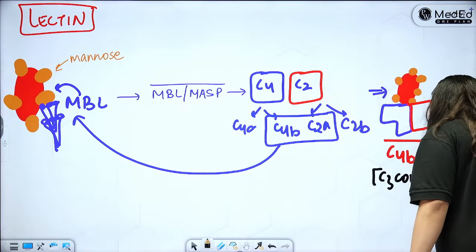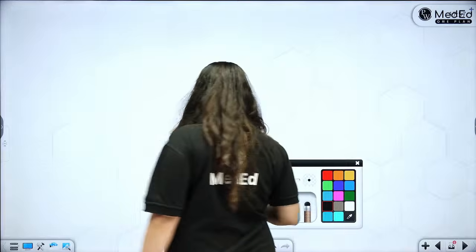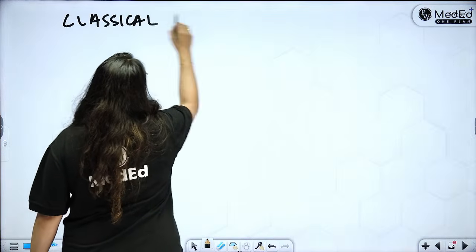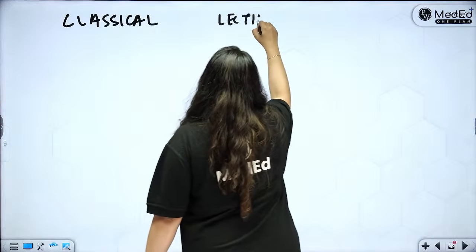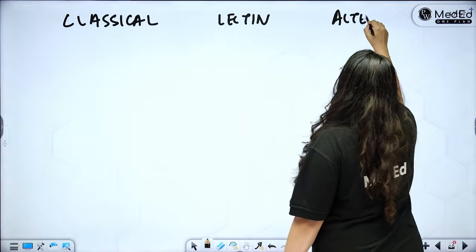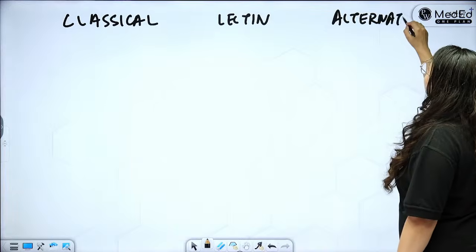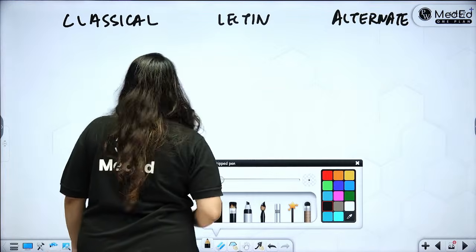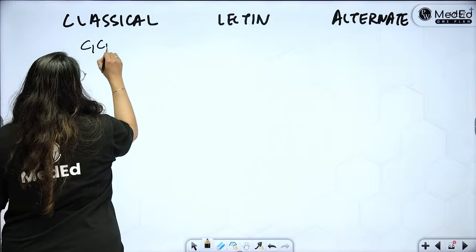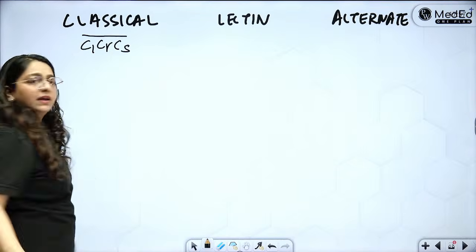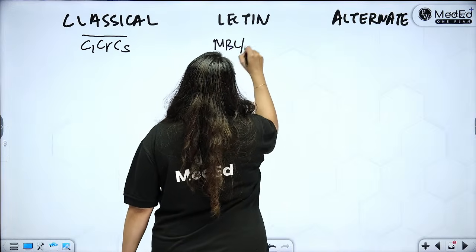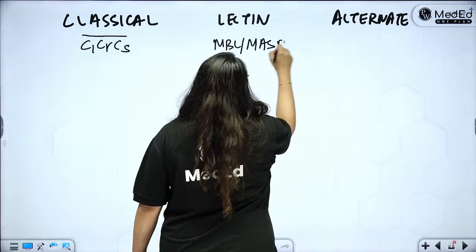So, you have three pathways: the classical pathway, the lectin pathway, and the alternate pathway. In all three, what is the starting point? The starting point of the classical pathway is C1qr2s2 active. Yes. The starting point of the lectin pathway is MBL-MASP active.